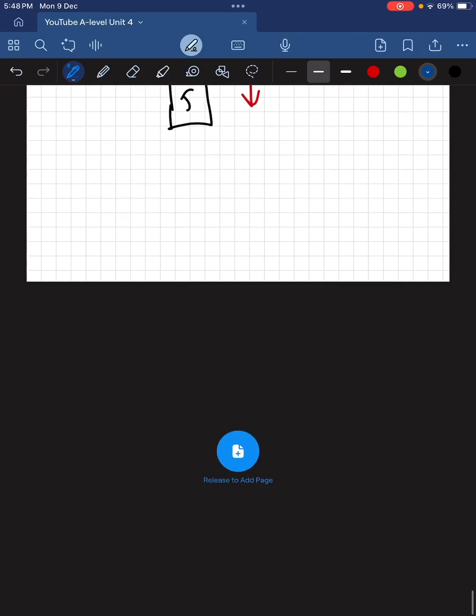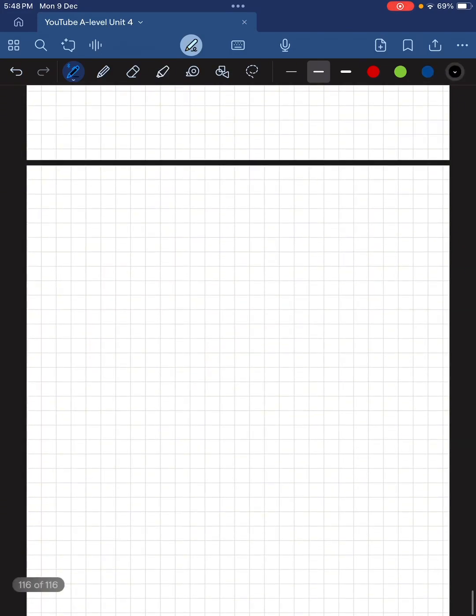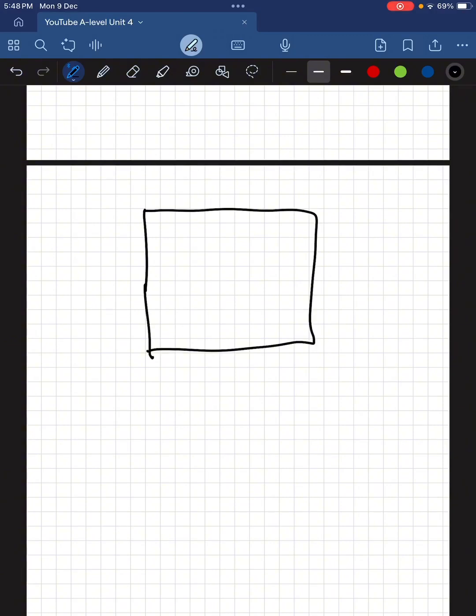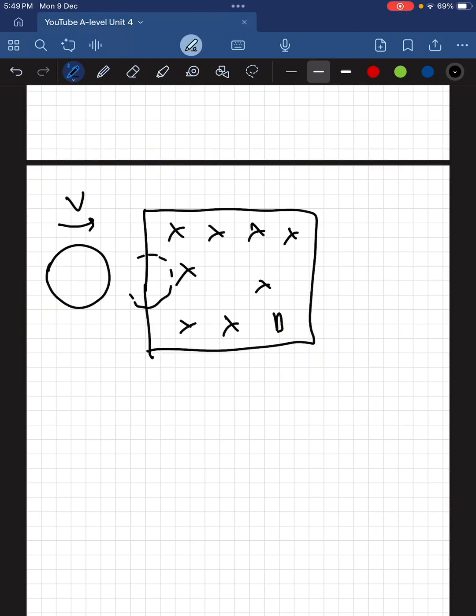Another example is, say, I have a region in space with some magnetic field that points into the page, and then I have a ring that travels with velocity v and enters this magnetic field. So in this case, the magnetic field is constant. It's equal to B. It doesn't change with respect to time.